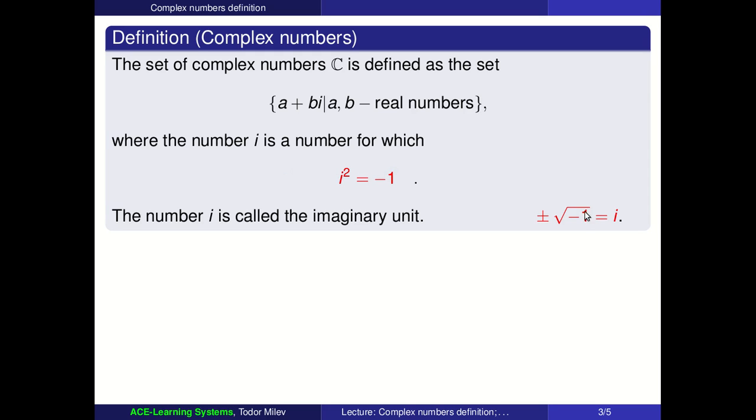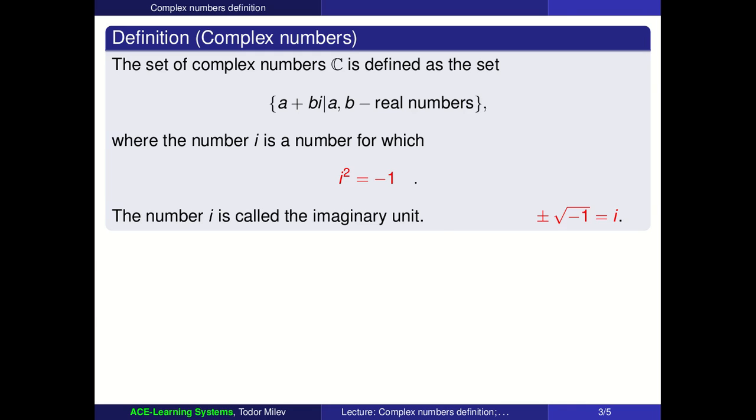So our definition of the number i implies that either plus or minus radical of -1 must be i. Now i is a single number, not two numbers or a collection of numbers. So we cannot have that i is plus or minus radical of -1. We have to choose one of the two, either plus or minus.